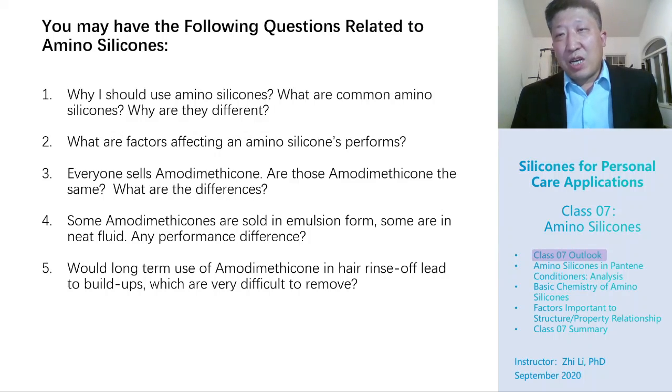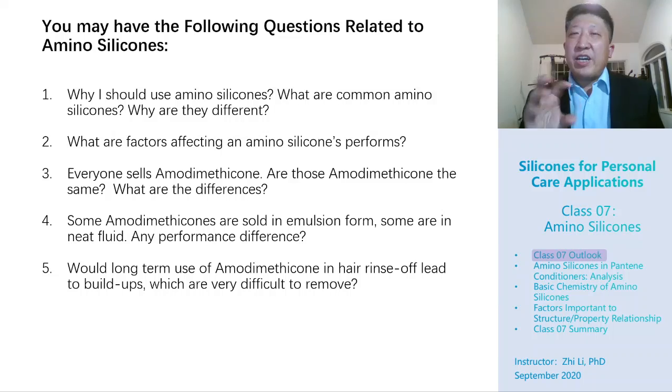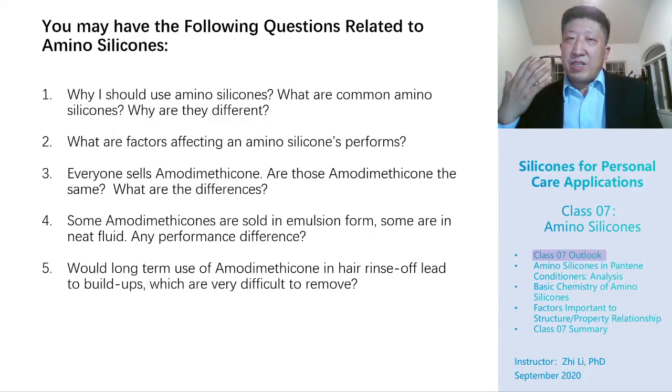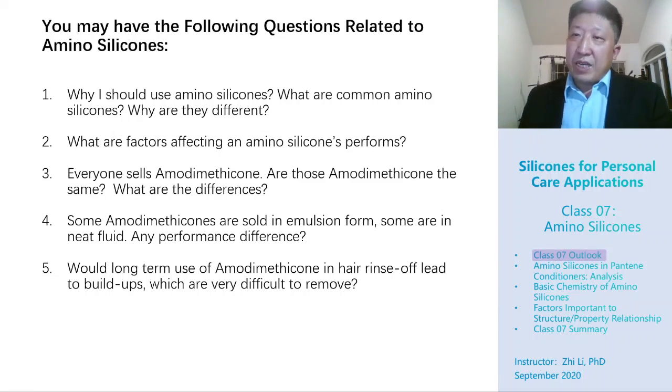But I would like to do some analysis around P&G's aminosilicone use. It will limit the big scope of how aminosilicone is used, because P&G probably tends to use aminosilicones for hair repair, which you will see in the coming slides. But I do think there might be some reason behind this usage.